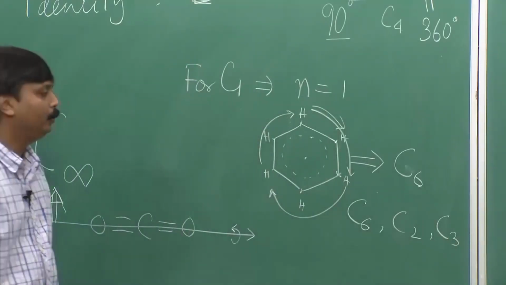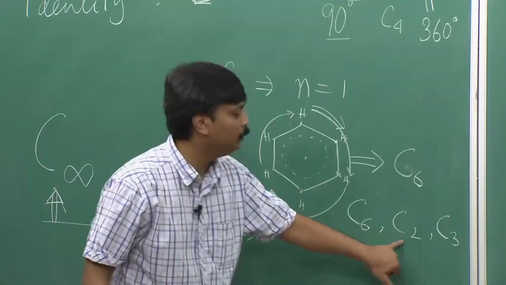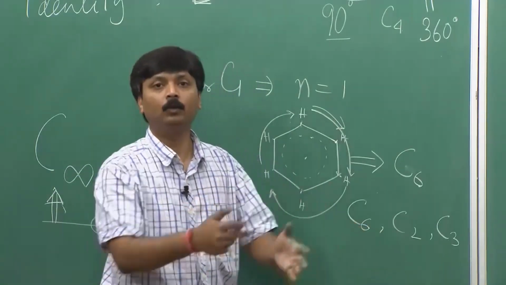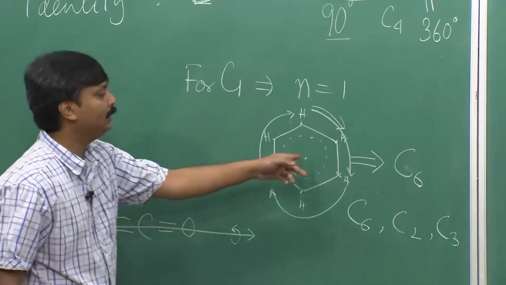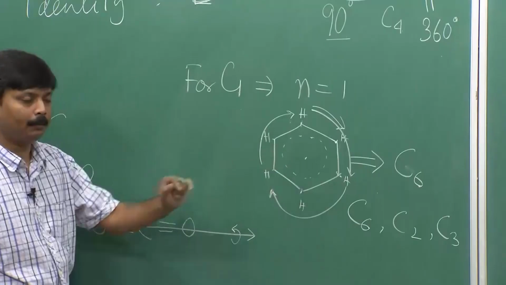So thereby you have a C3 axis. So all these C6, C2, C3 coincide with each other. They are about the same physical axis, if you can imagine one here.